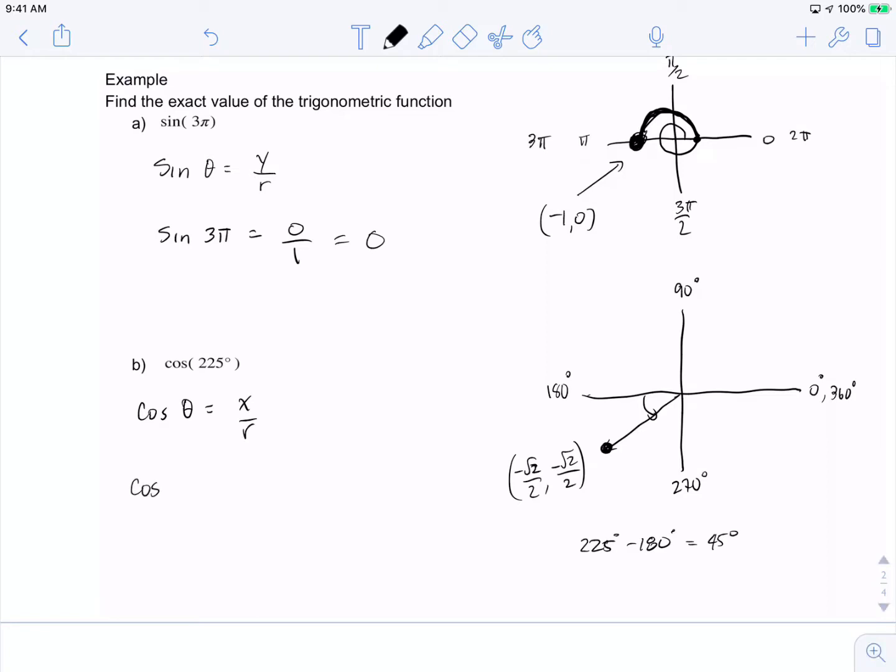So cosine of 225 degrees is going to be a negative radical 2 over 2 over our radius 1, which is going to give us a negative radical 2 over 2. All right, there's that one.